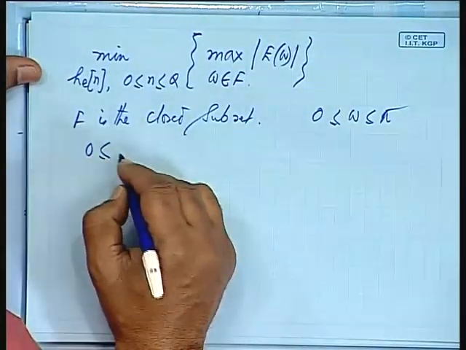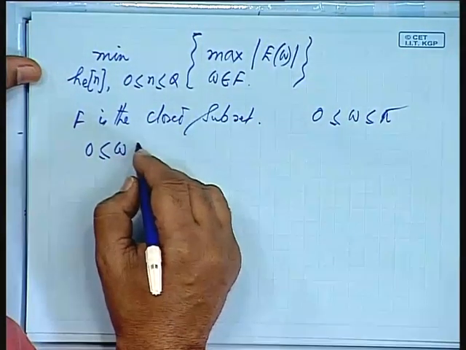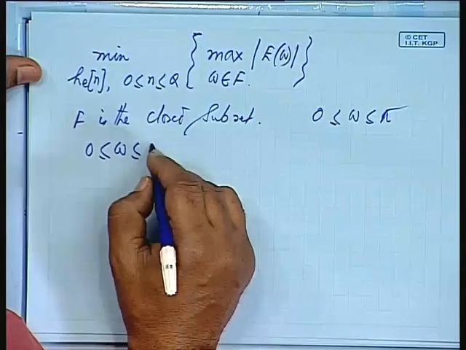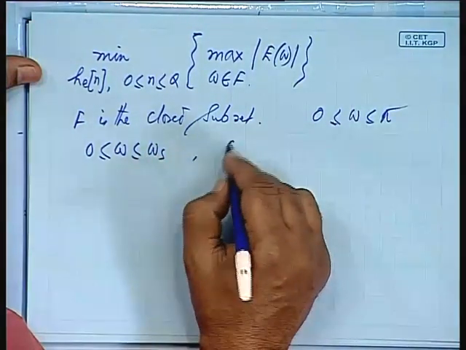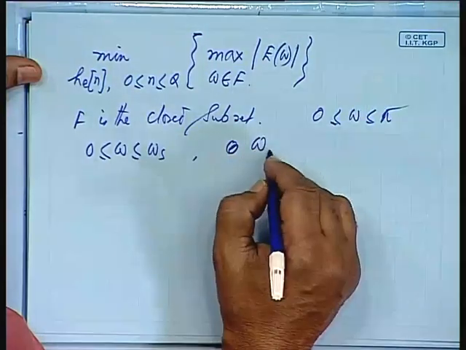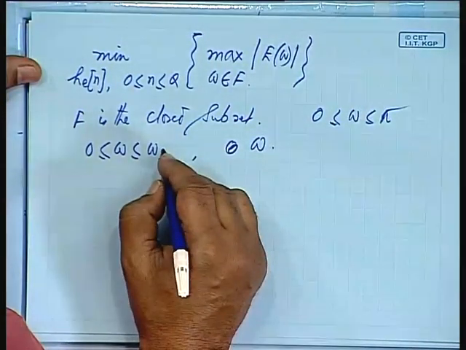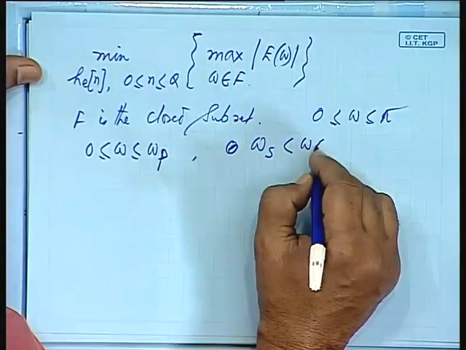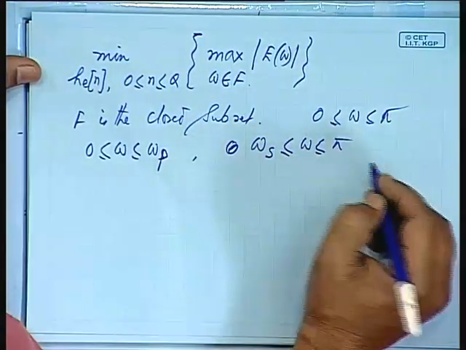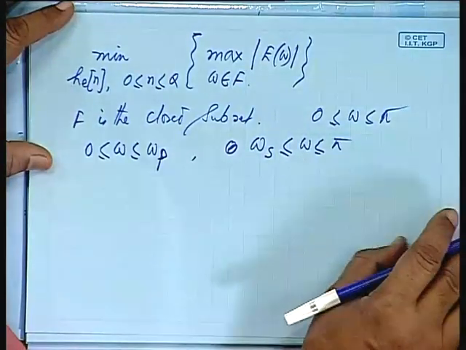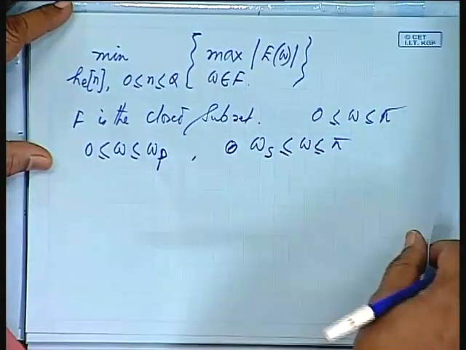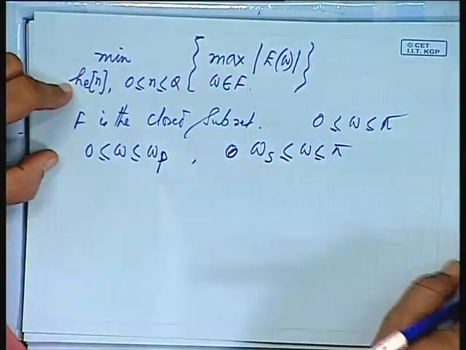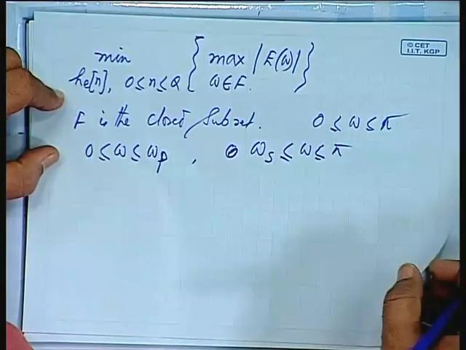Which means it is basically the union of these two subsets, 0 to omega p and omega s to pi. So, from H-E-N we will be determining H-N.